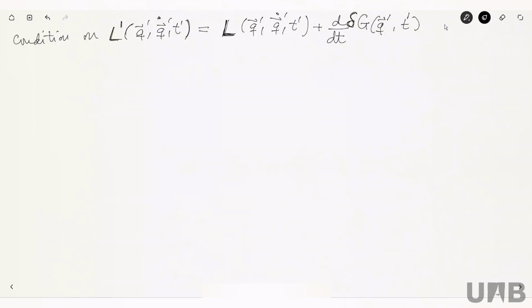If I didn't make any change of variables, this delta g would not be here. The Lagrangian would be exactly the same. Nothing would change. So if there is a delta g here, it has to be of first order in the epsilon that we had before, because it comes out as a consequence of the change of variables. All right?